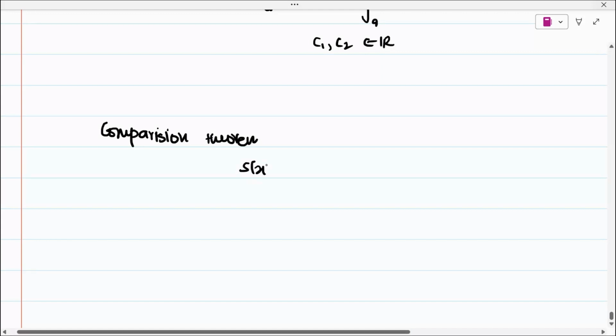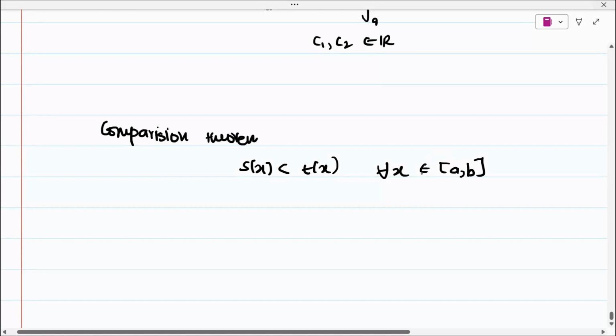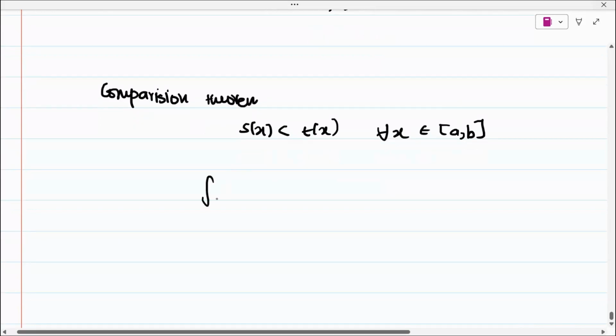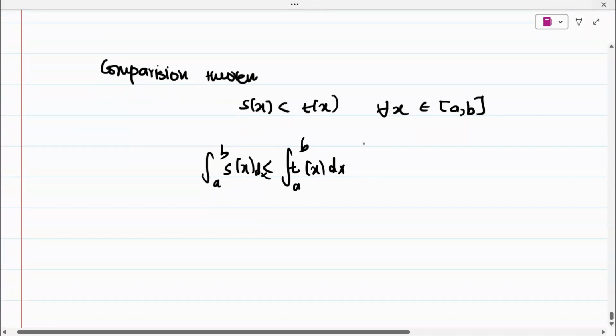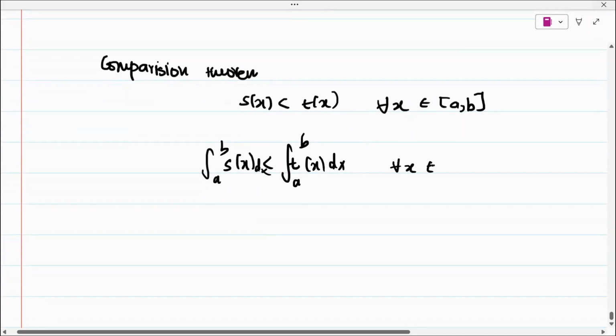That is, f of x less than the step function t of x for all x in its domain, say a to b, then the integral of this is less than the integral of t of x for all points.